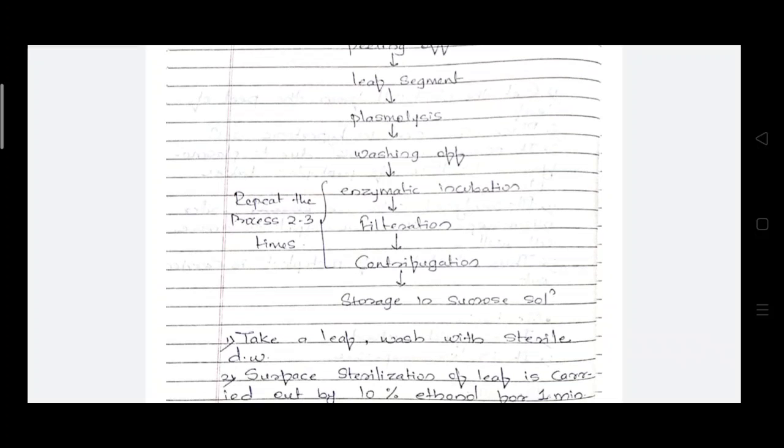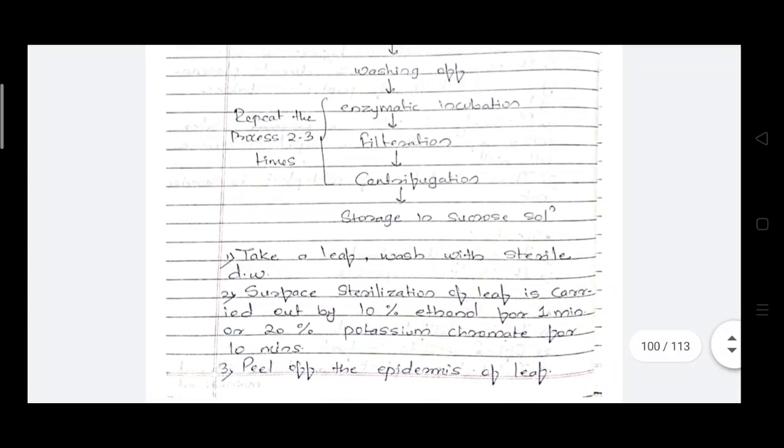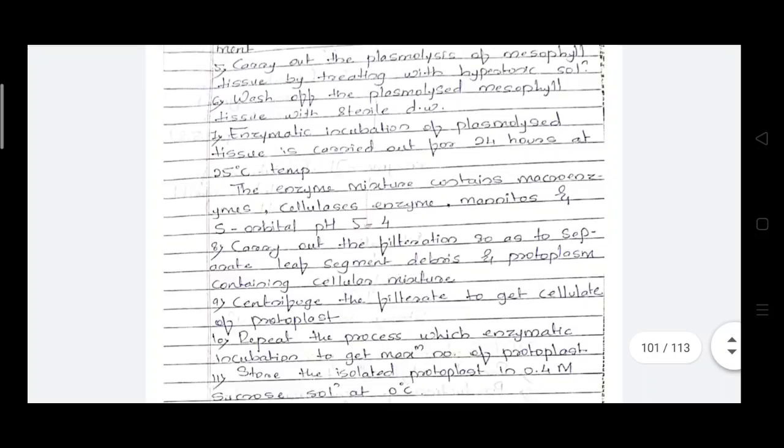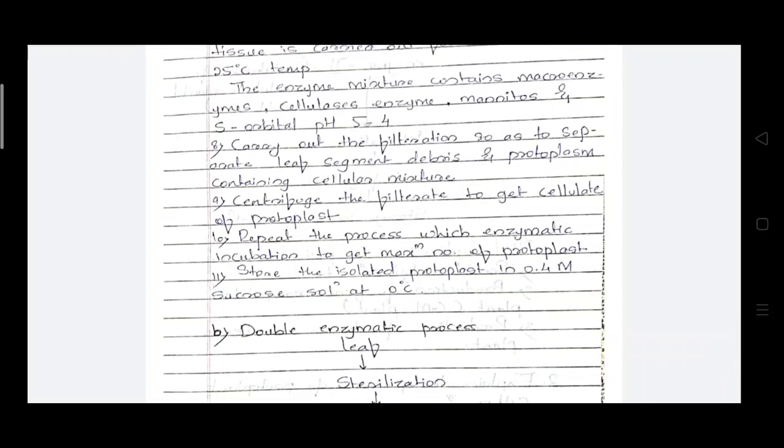Then it will be filtered and centrifuged so we can get the protoplast, and this protoplast will be stored in sucrose solution. So this is the single enzymatic process.